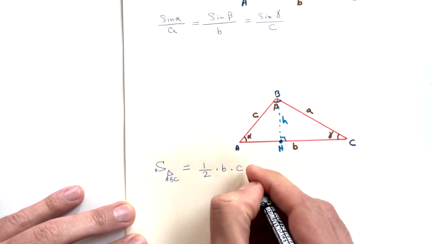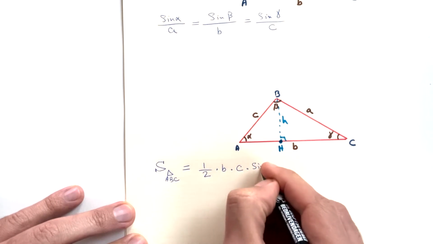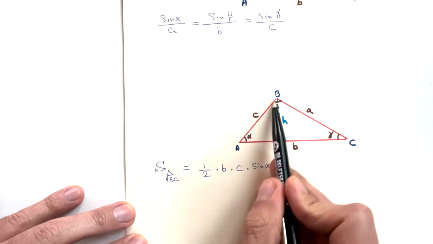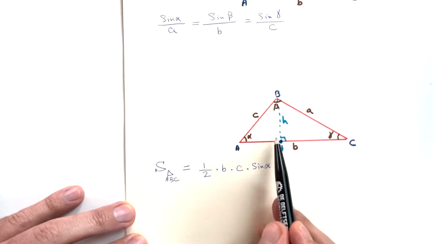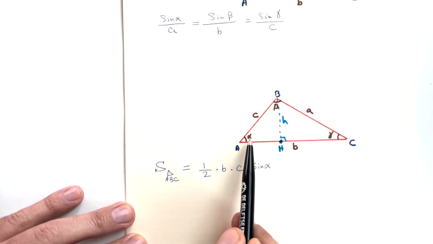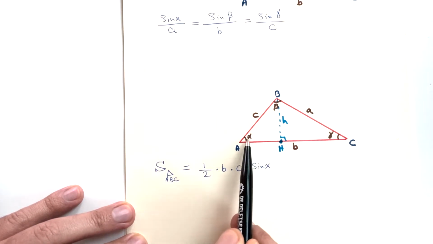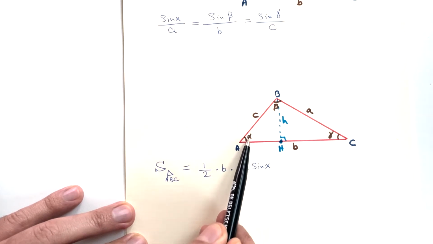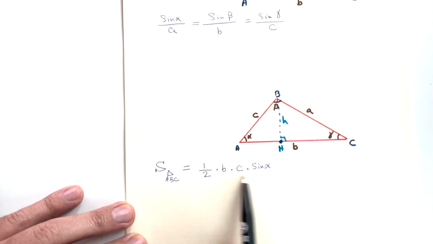So I'll write it here, C times sine alpha. Why? Because this triangle here is a right triangle, and I can write the opposite side based on this angle, which will be C times sine alpha.